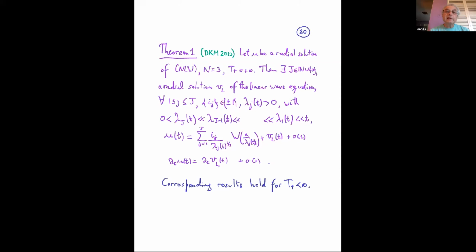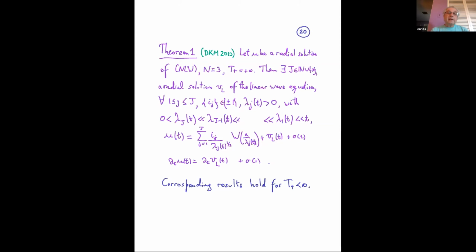And for each little j between 1 and capital J, there are signs iota_j, and there are scaling factors lambda_j, which we can order. First of all, the scaling factors are much, much smaller than t, which is the aperture of the light cone. So by the two less-than signs, I mean that the ratio goes to infinity.